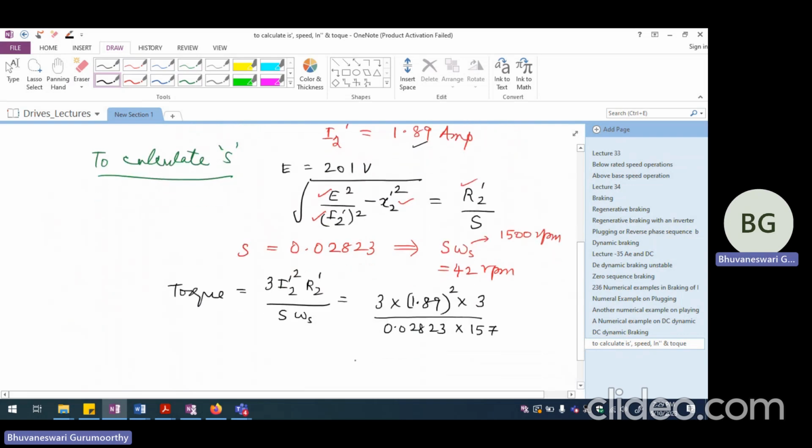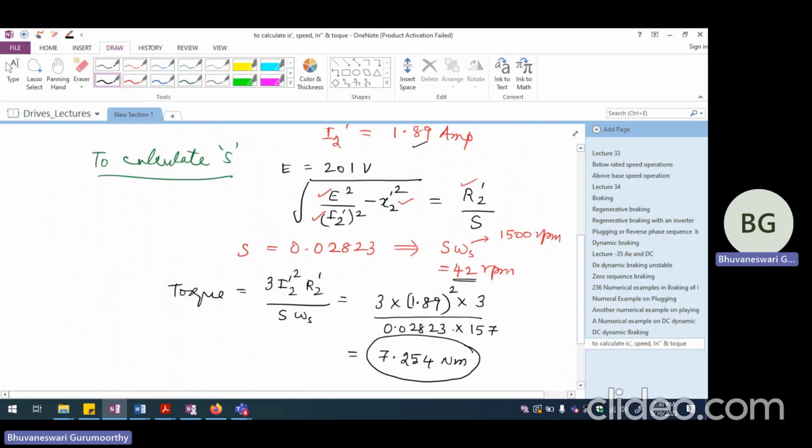And this comes out to be 7.254 Newton meter. So this gives a very, very meager amount of torque, especially at a speed of 42 RPM. So when the speed is very, very small, we are going to get a very, very small torque as well.